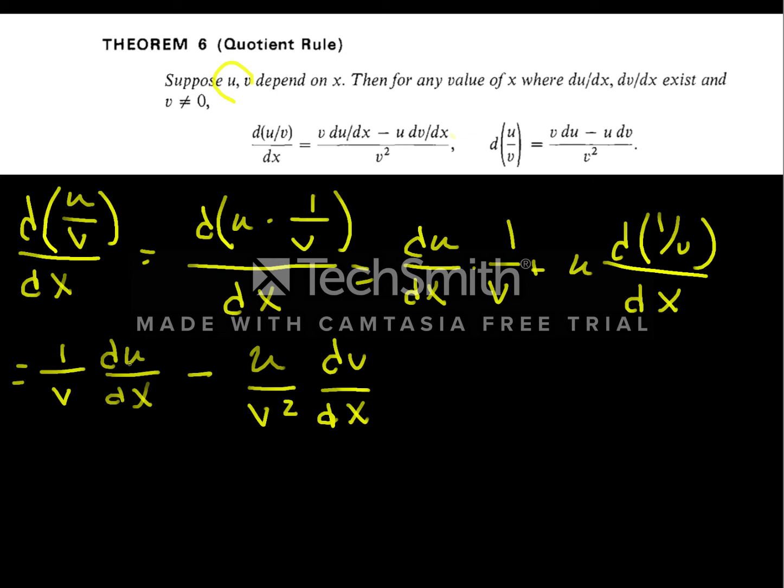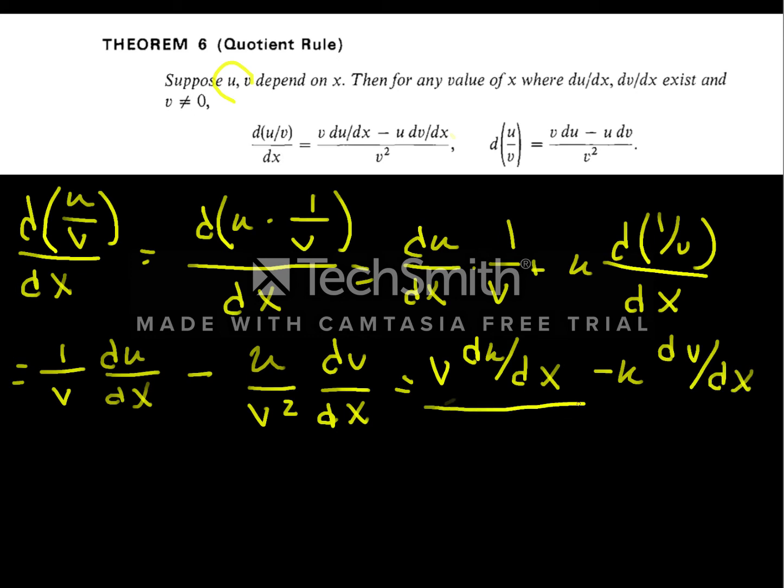And if I want to put this under one simple fraction, my common denominator is v squared. So I get that this is equal to v du/dx minus u dv/dx, all divided by v squared.